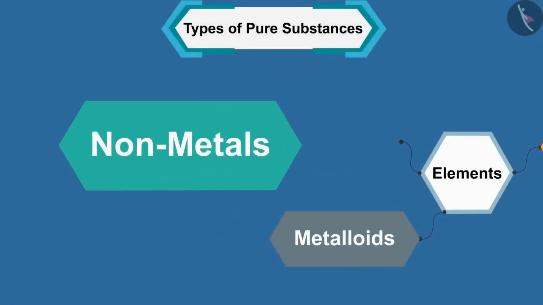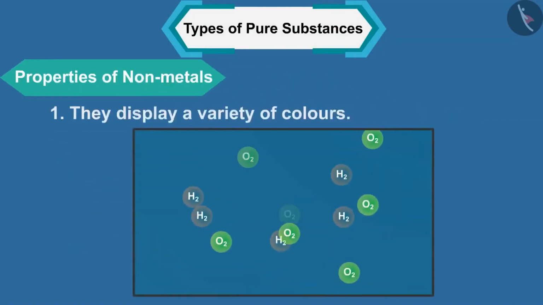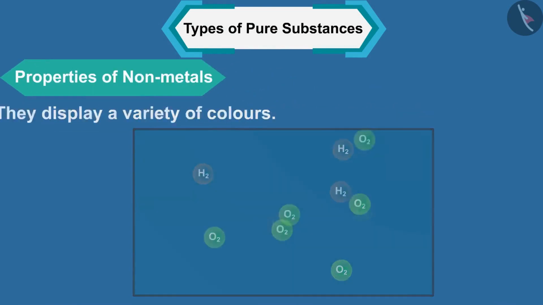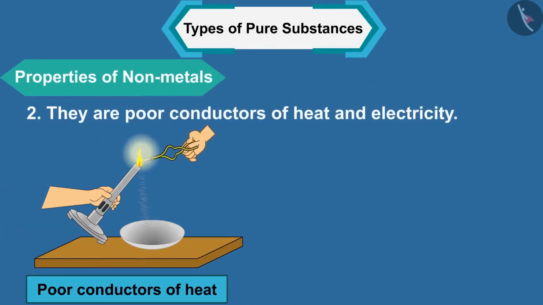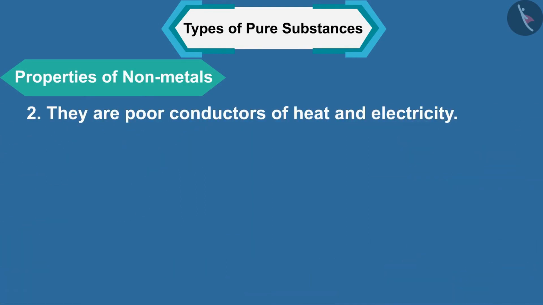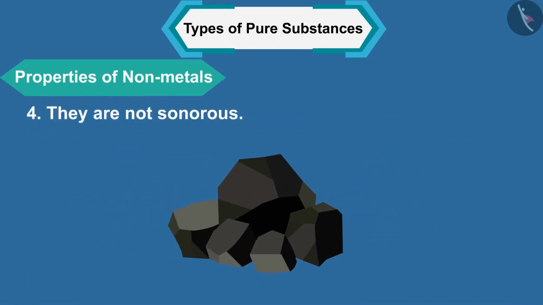Let us now look at some properties of non-metals. 1. They display a variety of colors. 2. They are poor conductors of heat and electricity. 3. Unlike metals, these are non-lustrous except iodine. 4.